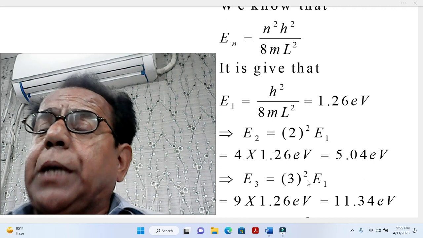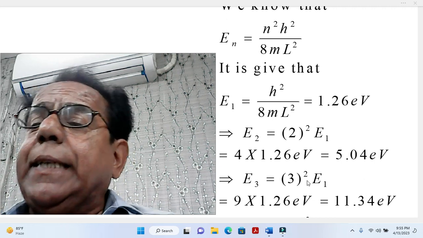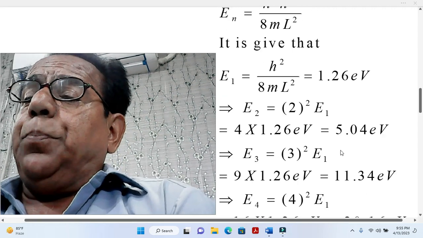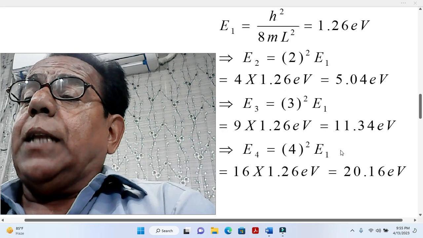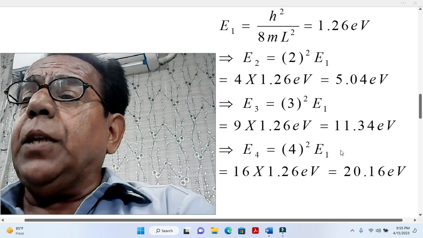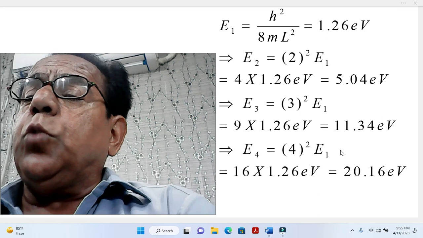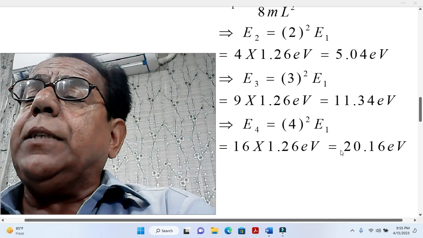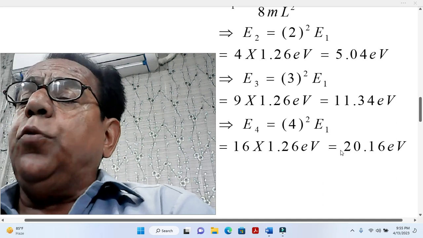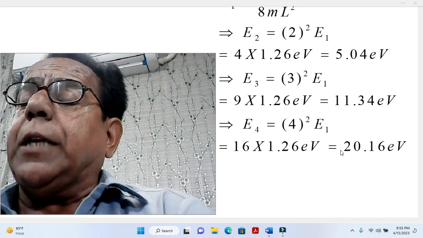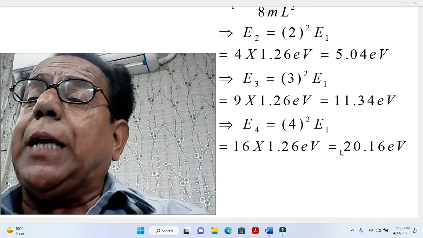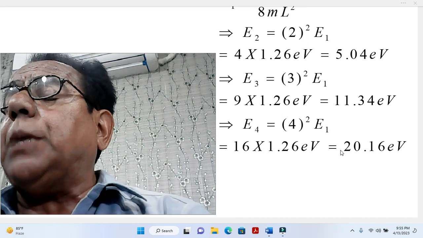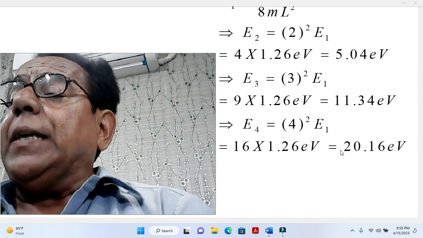So E3 will become equal to 9 into E1, 9 into 1.26 electron volt, and this becomes equal to 11.34 electron volt. Now E4 will become equal to 4 square into E1 because we will put n equal to 4 and 4 square is 16. So E4 will become equal to 16 E1, that is 16 multiplied by 1.26 electron volt, and hence E4 becomes equal to 20.16 electron volt.